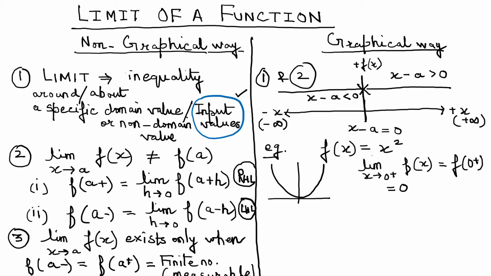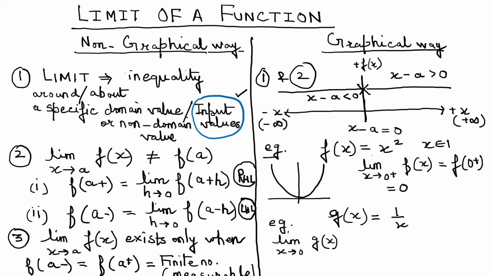Okay, now the second example that I want to take here is, let us say that the given function was g of x is equal to 1 by x, and somebody asked me to find out the limit x tending to 0 of g of x. Before I would have gone ahead, in both of these cases I would have talked about the domain of the function.